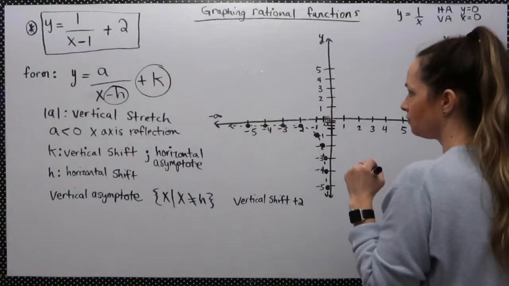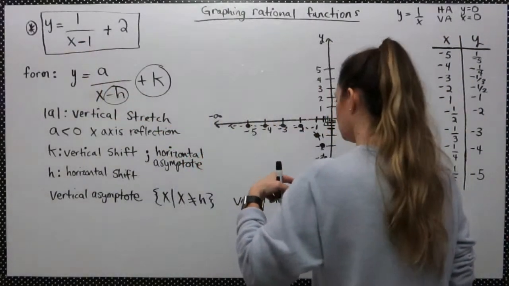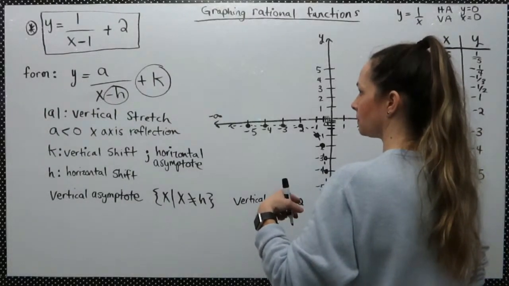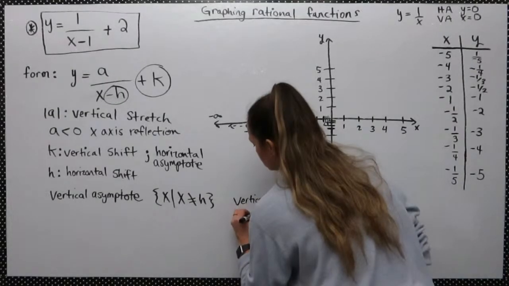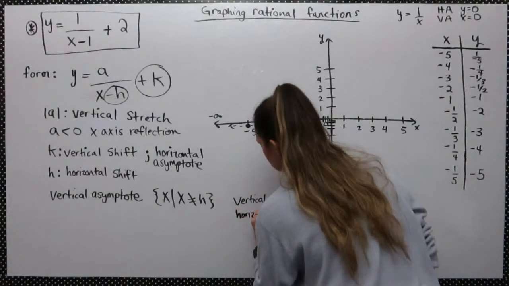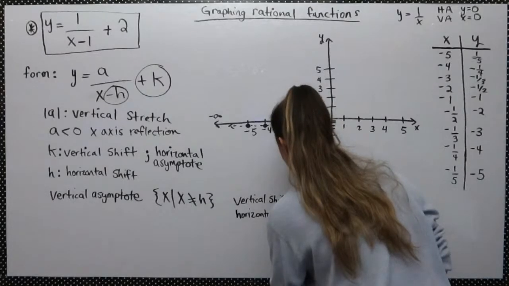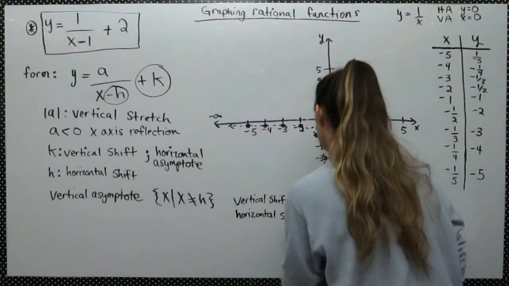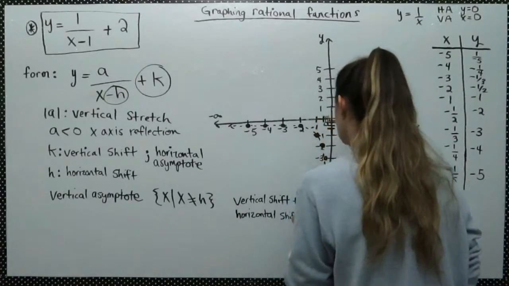So if your form is negative and your value is negative, that means your horizontal shift is -1.